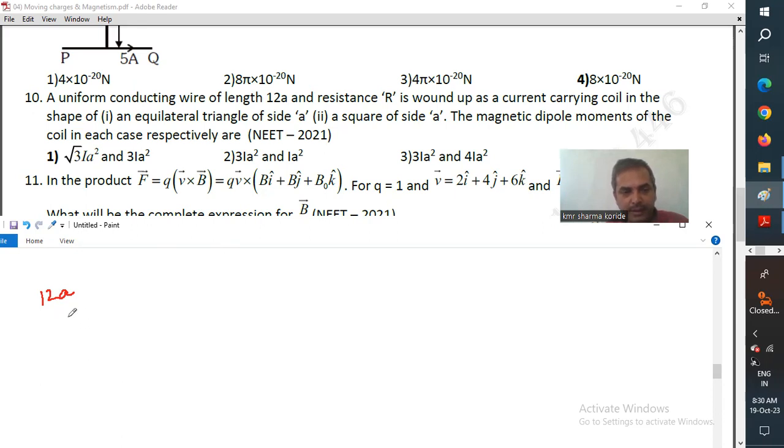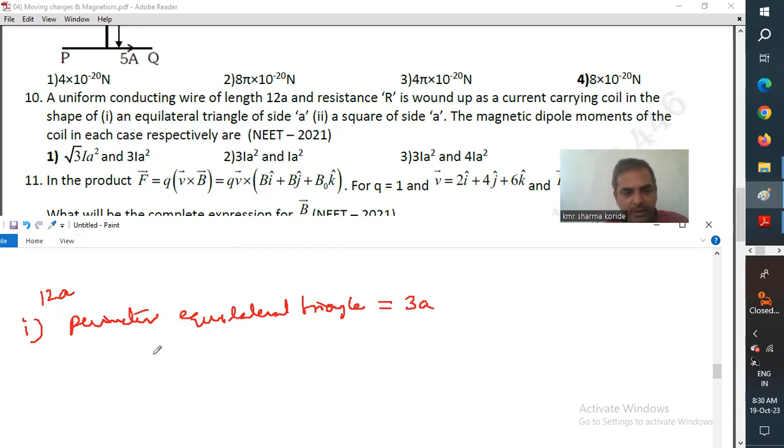So first get back the perimeter. Perimeter of the triangle, equilateral triangle in particular. It is 3A.